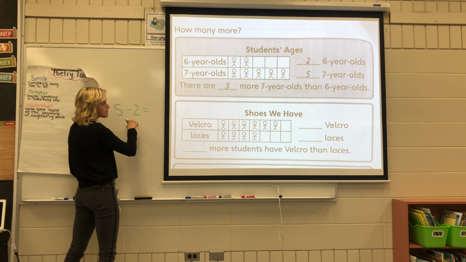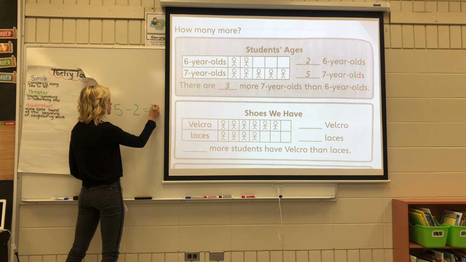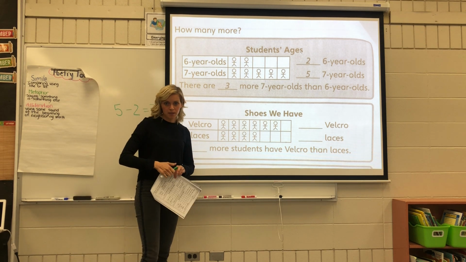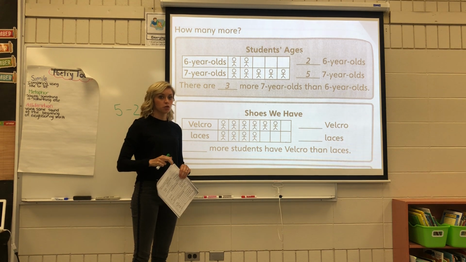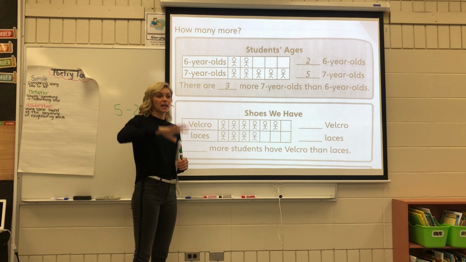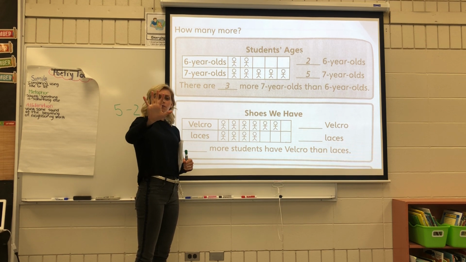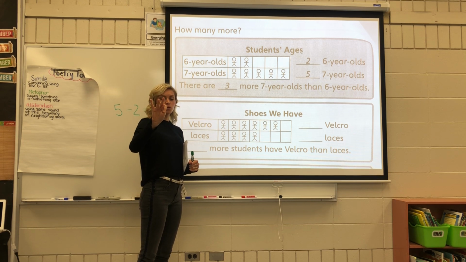So how many more 7-year-olds are there? 5 minus 2 is 3. All right? 5 minus 2 is 3. You can use your fingers and say, I have 5 7-year-olds. How many more 6-year-olds do I have? Well, there's 1, 2 6-year-olds. I'm left with 3.